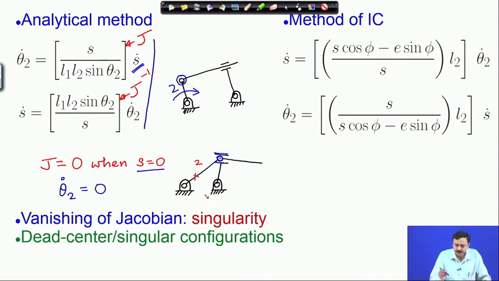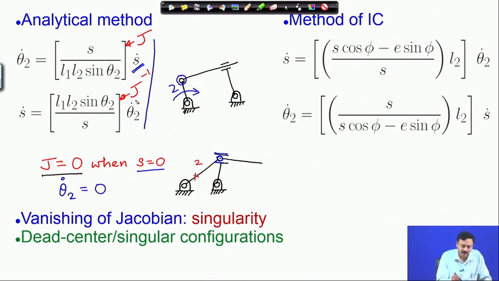The other singular configuration of the Jacobian is as follows. Here I have the Jacobian inverse. So, this s equal to 0 is the singularity of the Jacobian.